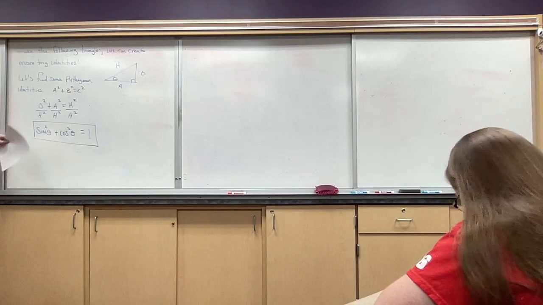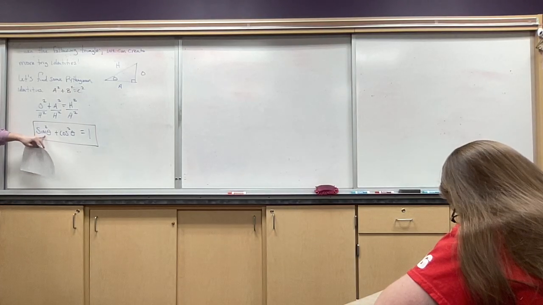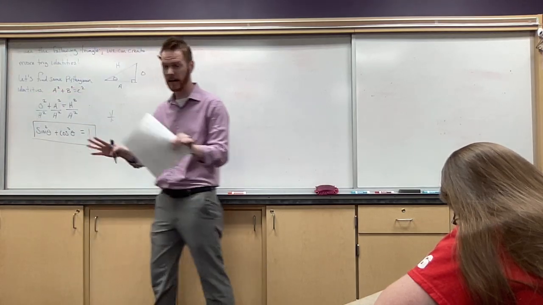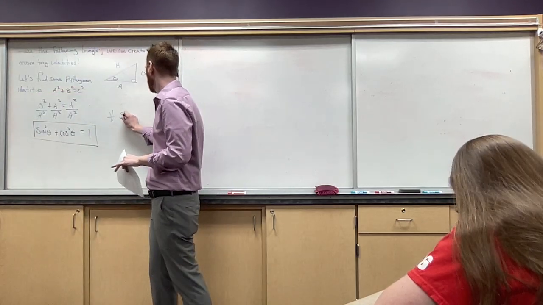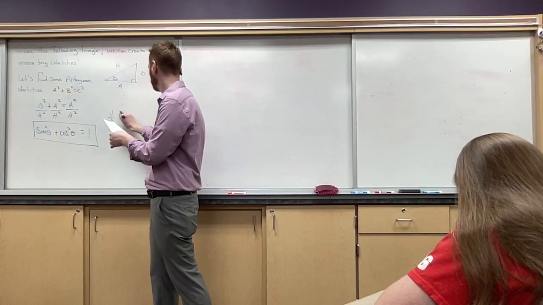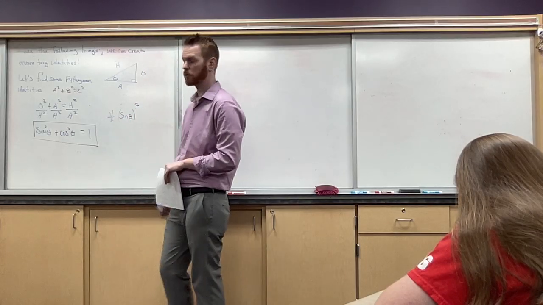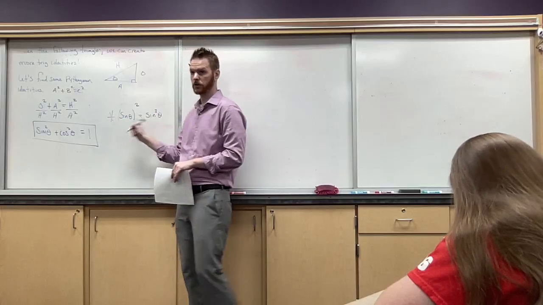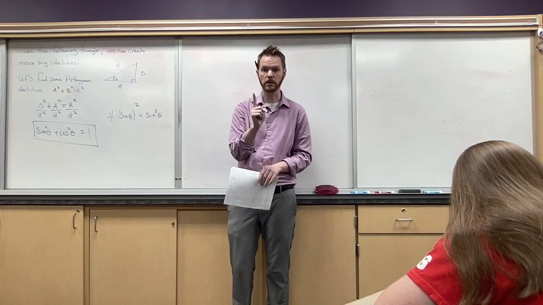Let's do that. One thing to note, this is important. I want to establish this now. If I did sine of theta squared, if I were to square the whole thing, that's like me writing this. They're equivalent to each other. Very important.